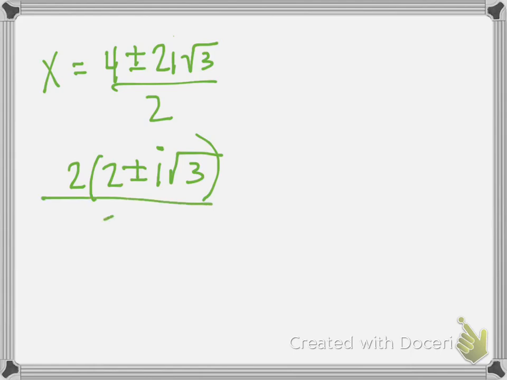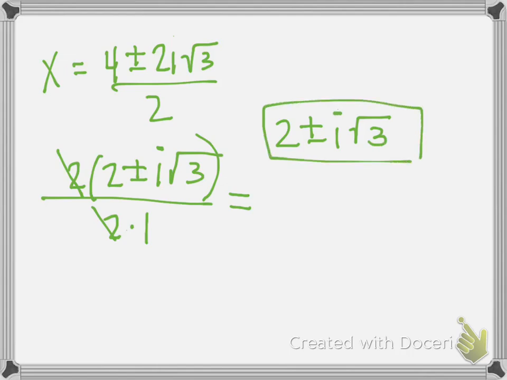You can still factor a 2 out, which would be 2 times 1. And then you would cancel 2 divided by 2 because that is 1. So you're left with your final answer being 2 plus or minus i square root 3.